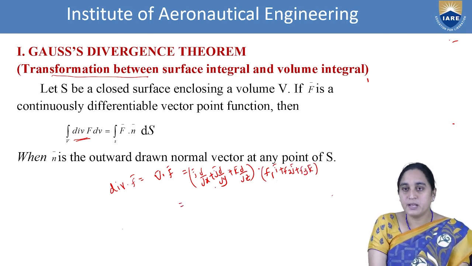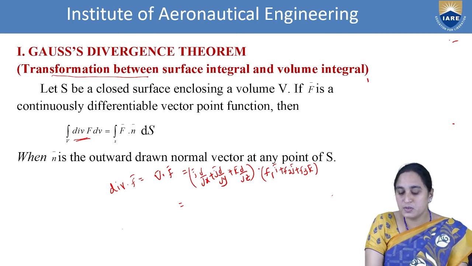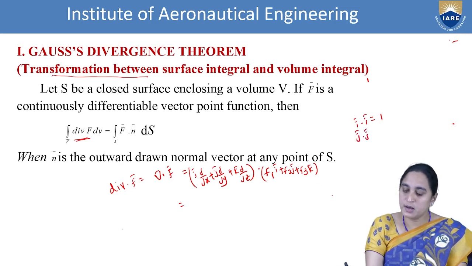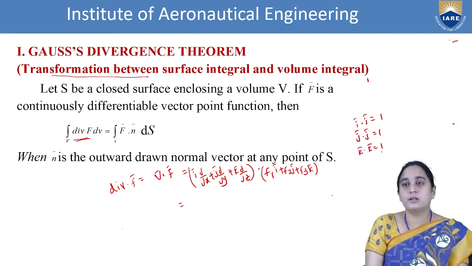Dot product of both vectors: the i bar, j bar and k bar each equal 1.